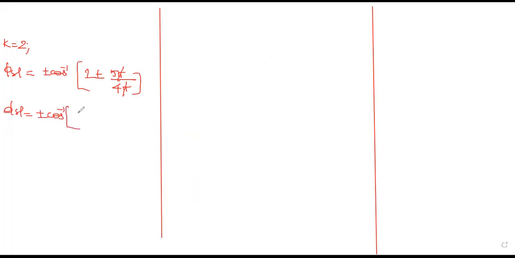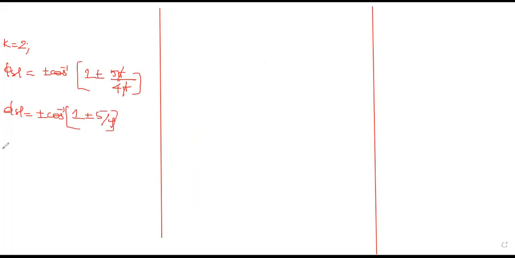So consider k is equal to 2 now. When you consider k is equal to 2, again phi SL is equal to plus or minus cos inverse of 1 plus or minus 2 twos are 4, 4 plus 1 is 5. Please look into the equation you have written. This will be 4 pi, so it is 5 pi by 4 pi. 5 and pi get cancelled. You have phi SL is equal to plus or minus cos inverse of 1 plus or minus 5 by 4.